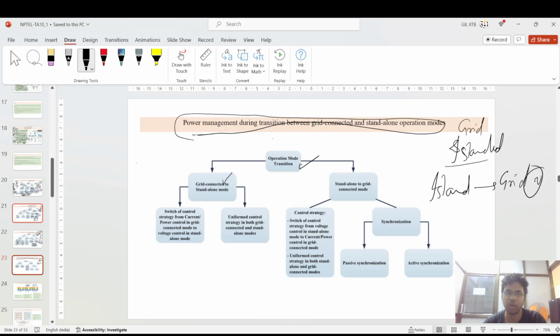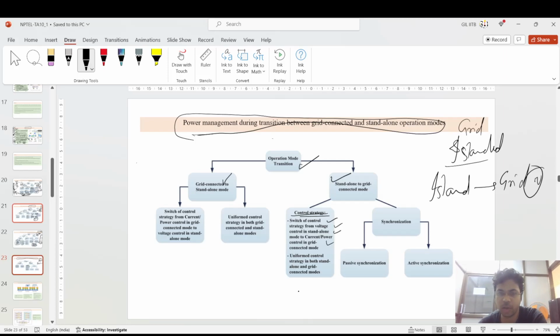In that operation mode transition, you also have two cases, moving from grid connected to islanded or islanded to grid connected. If it is moving from islanded to grid connected, then the control strategy is to switch from the voltage control in the standalone mode to the current and power control.